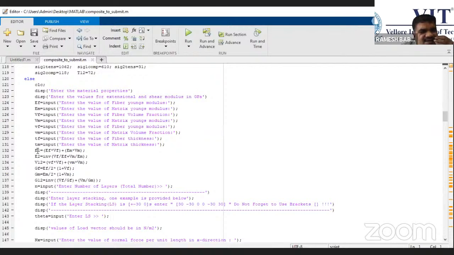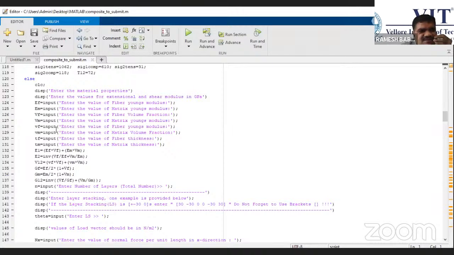Then we can find the fiber Young's modulus, and in the first direction, this E1, the F and M are related to the fiber properties. So here the fiber Young's modulus and matrix Young's modulus, and the fiber volume fraction and matrix volume fraction.